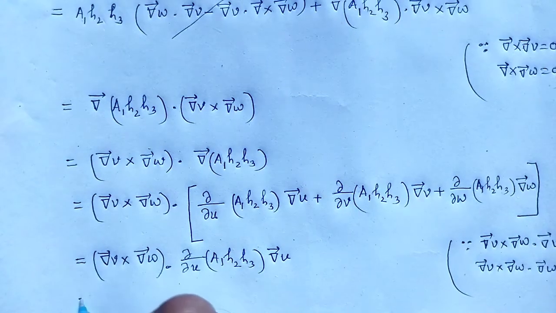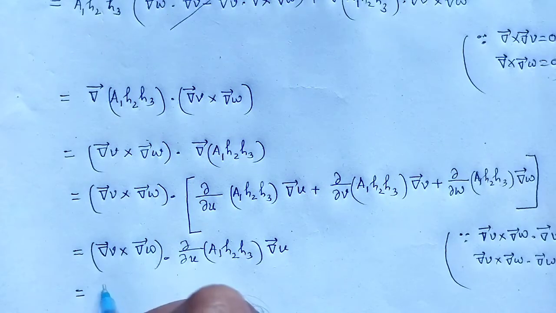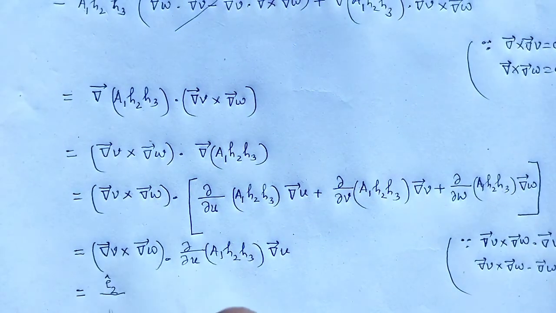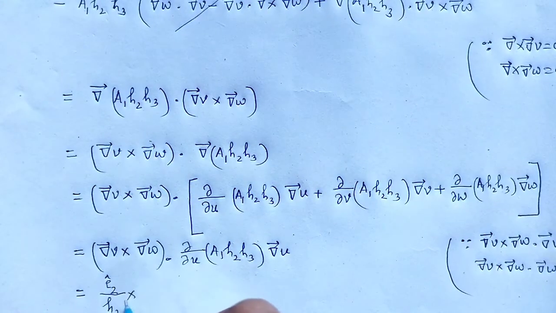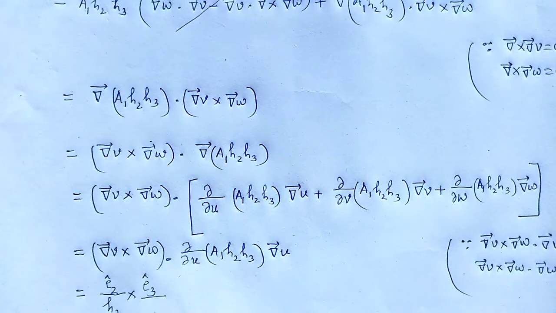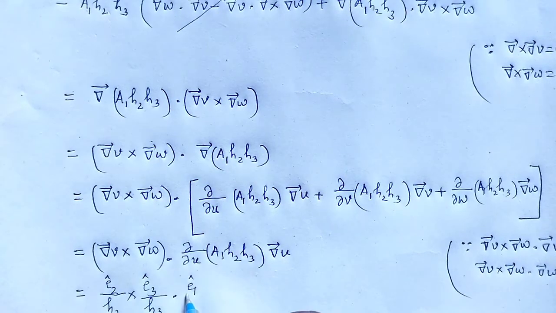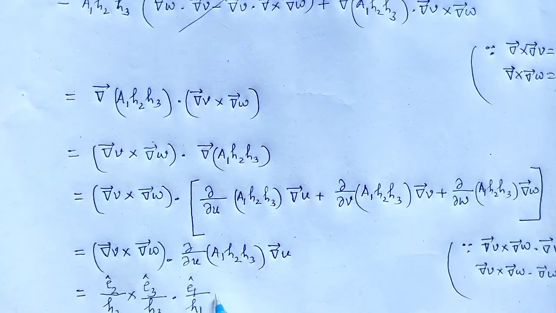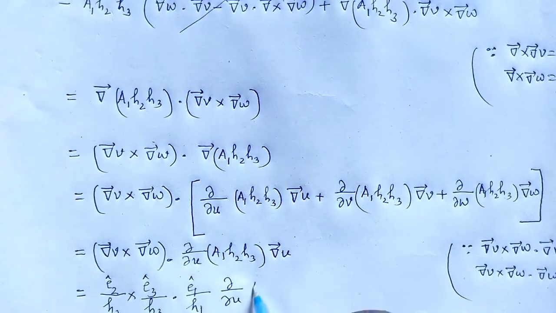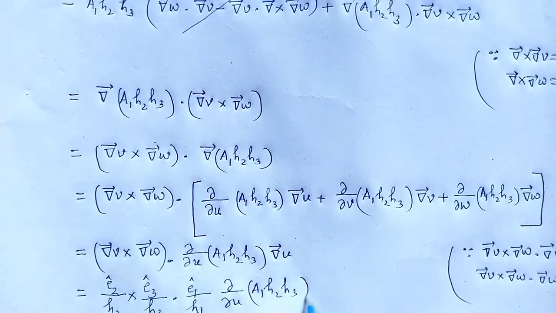Look, in place of grad V I can write E2 cap divided by S2, cross, in place of grad W I can write E3 cap divided by S3, dot, in place of grad U, E1 cap divided by H1, of del by del U of A1 S2 S3.